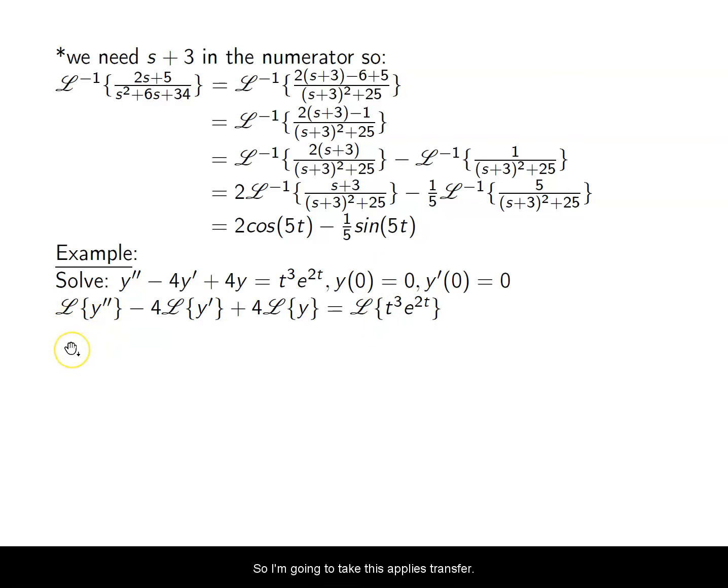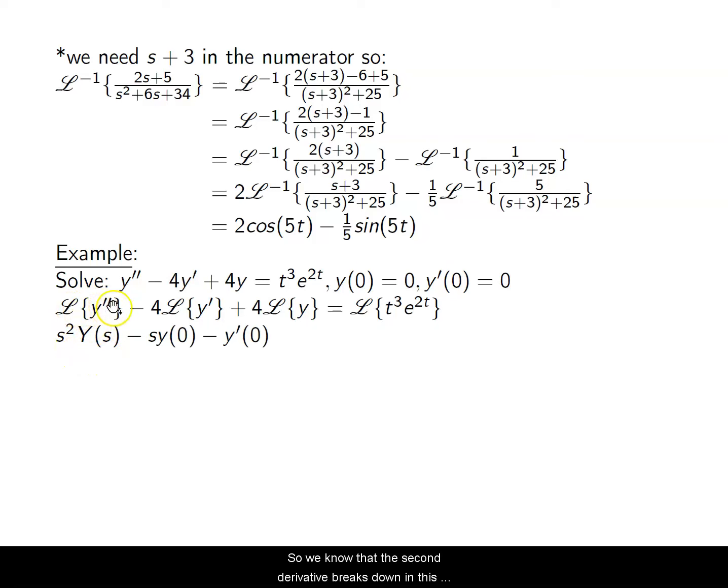So we're going to take this Laplace transform. We know that the second derivative breaks down in this fashion: s squared times capital Y of s, and then your actual function y evaluated at 0, which is again nice because we have these values. So these will both end up going to 0 because of the conditions we have.